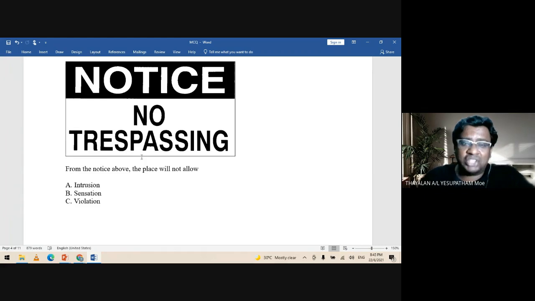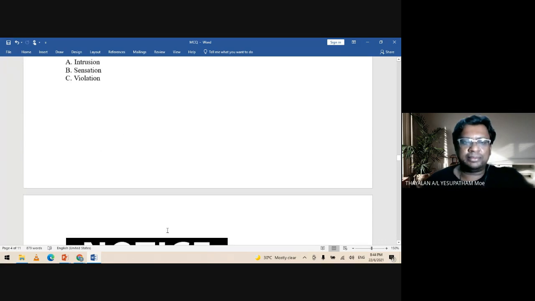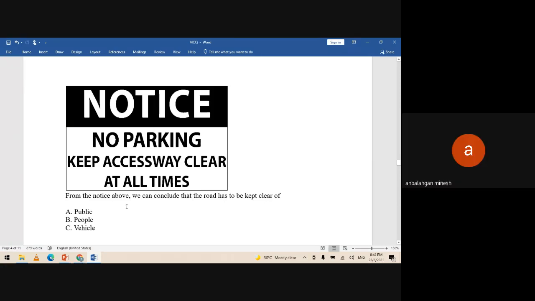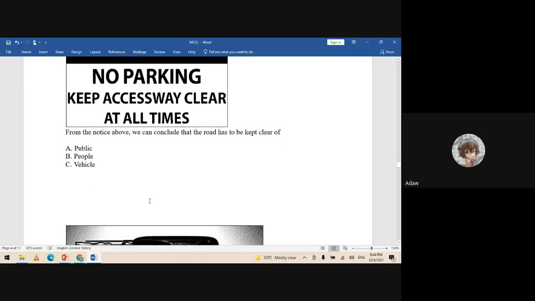Violation is close to correct, but the exact meaning of trespassing is intruding, which is intrusion. So A is the correct answer. Now, from the notice above, we can conclude that the road has to be kept clear of public, people, vehicle. Notice: no parking. Keep accessway clear at all times. So vehicle. Very good.